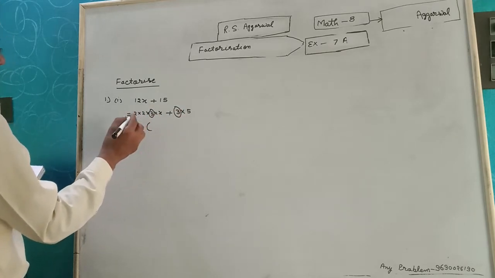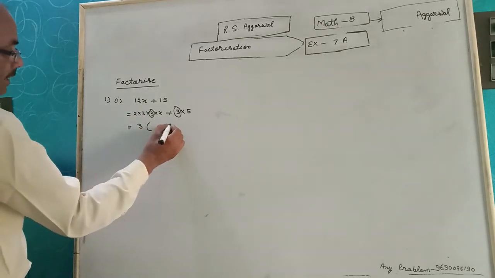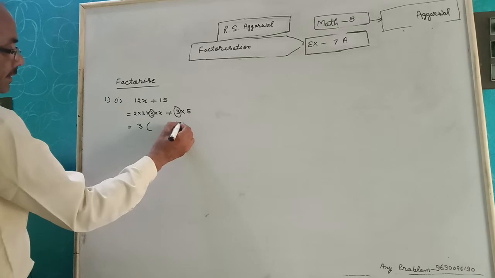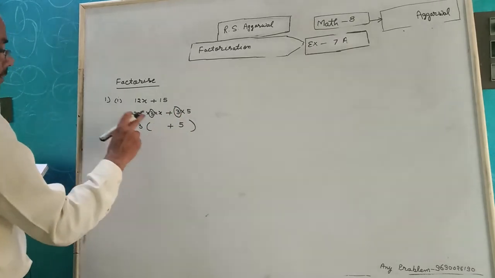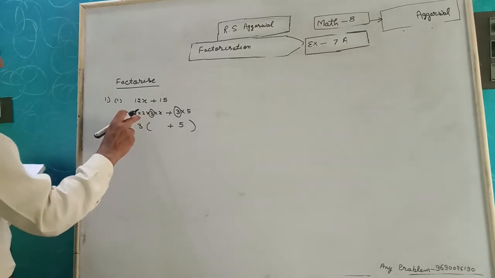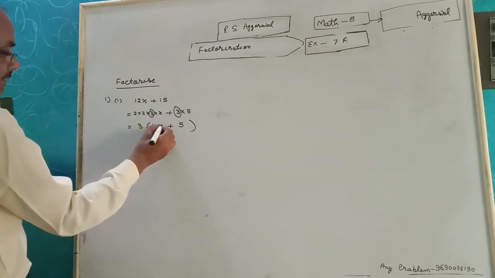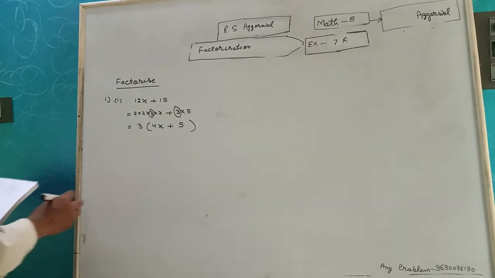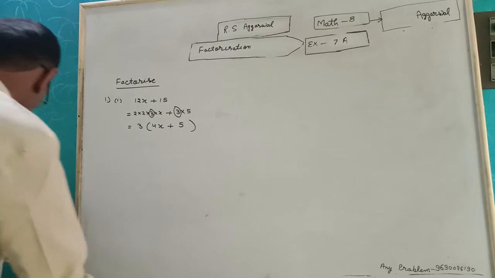Bracket, after common, 4x plus the remaining second term 5. This will be the factor of the first question, first part.